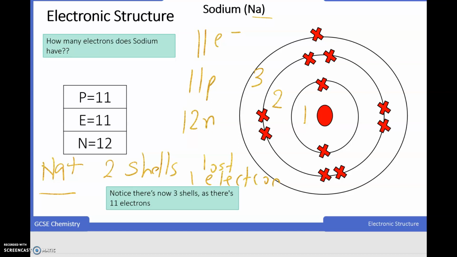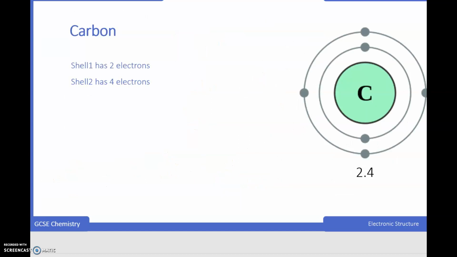So how do we write this electronic configuration? This is the example of carbon, which has got 6 electrons in total, 2 and 4. In shell 1 I've got 2 and in shell 2 you've got 4. So let's look at the fundamental rule. In order to write electronic configuration, you have something called the bus seating rule. The rule is in shell 1 you can only have a maximum of 2 electrons.